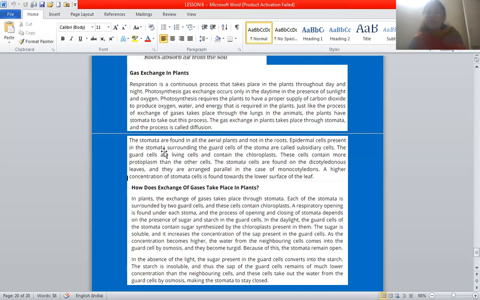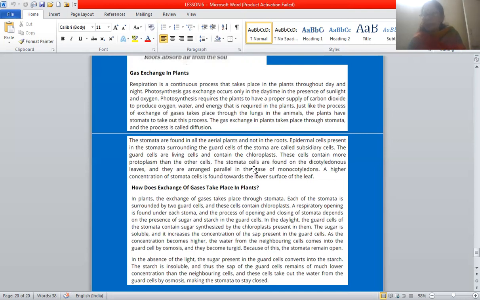Epidermal cells present around the guard cells of the stomata are called subsidiary cells. The guard cells are living cells and contain chloroplast. These cells contain more protoplasm than the other cells.